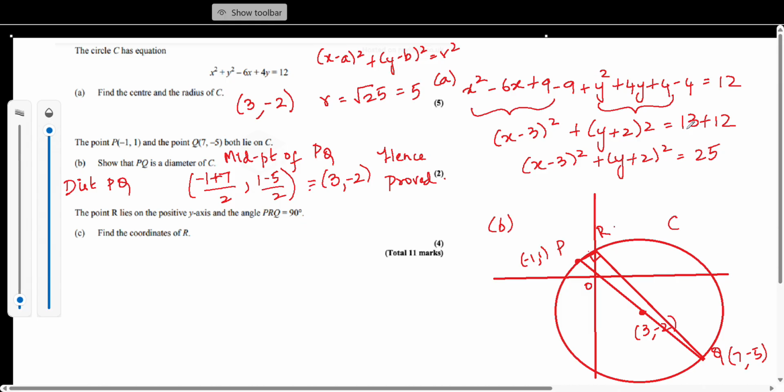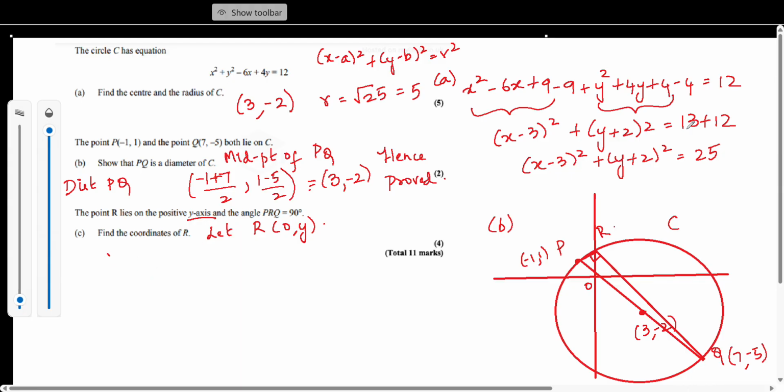And since R lies on the positive y-axis, what is the significance? Any point on the y-axis will be of the form (0, y). Correct? Because the x coordinate is 0. Let us substitute it there. So x is 0.